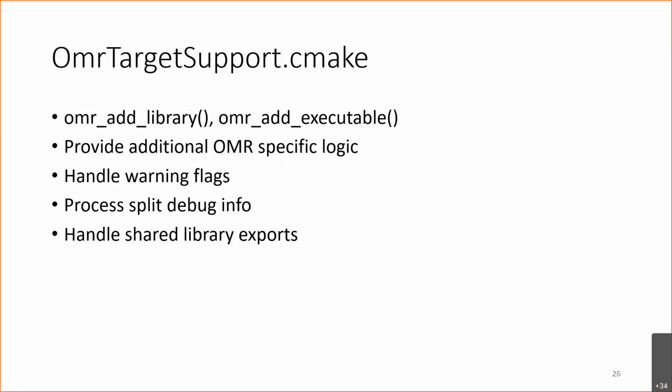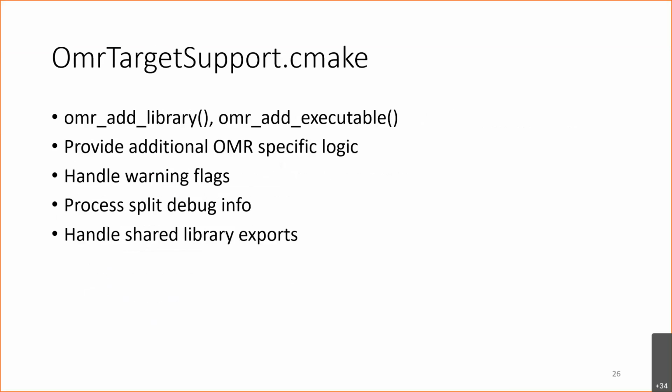Next up, we have OmrTargetSupport.cmake. This provides our two main target wrapper functions that we have in OMR, OmrAddLibrary and OmrAddExecutable. As the names would suggest, they wrap the built-in CMake commands of similar names. But on top of that, they provide additional OMR-specific logic.